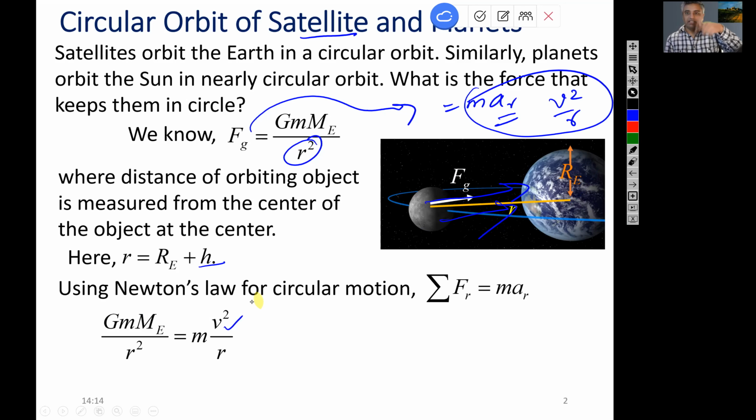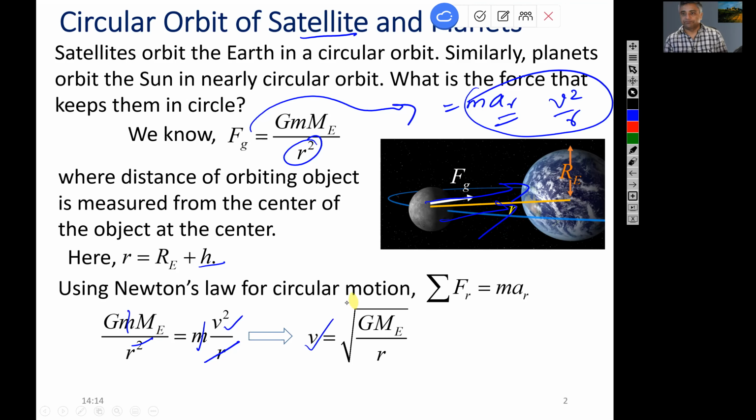That's kind of interesting, okay? A smaller object or a larger object, as long as they are at the same distance, go with the same speed. One of the R also cancels, but not the whole thing. So we can rearrange this and get the speed. This is the speed of the satellite.